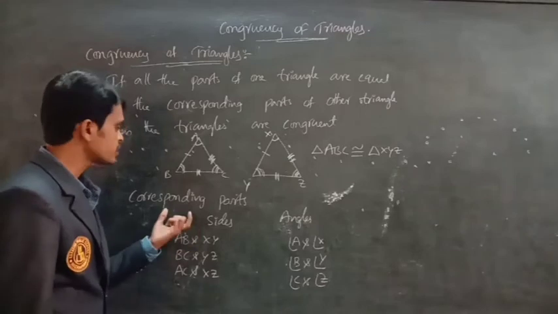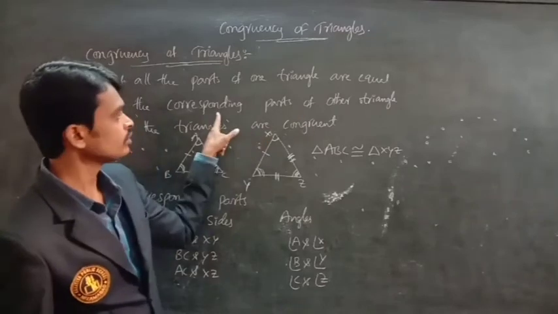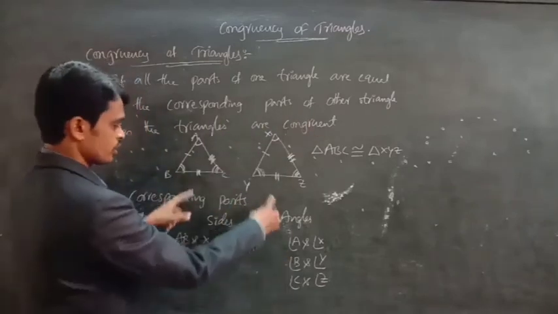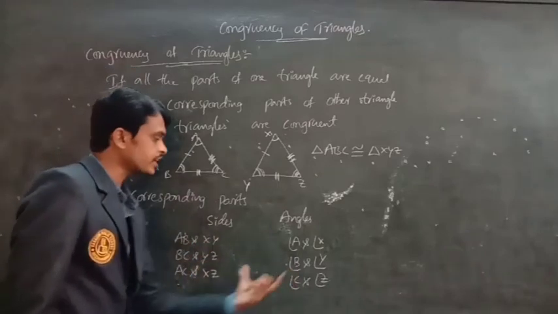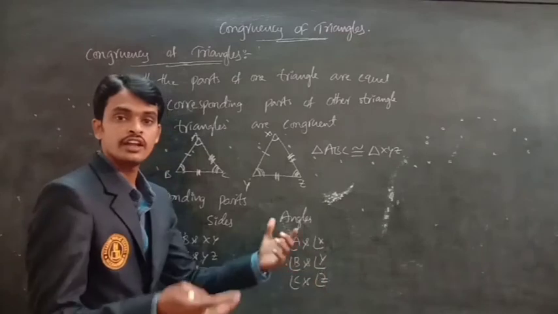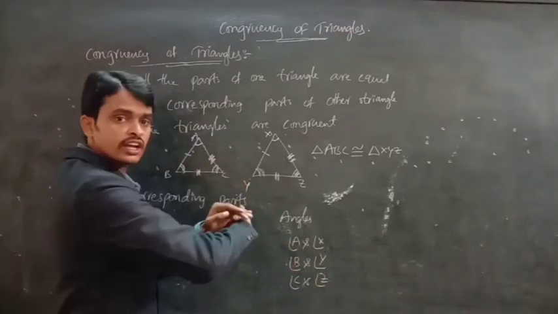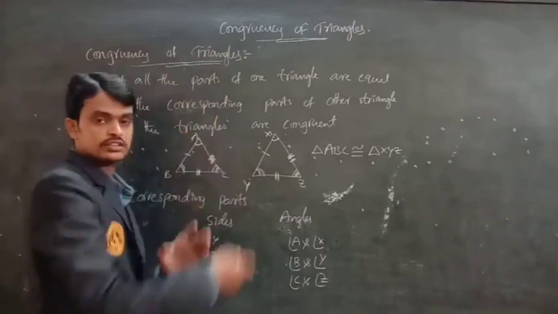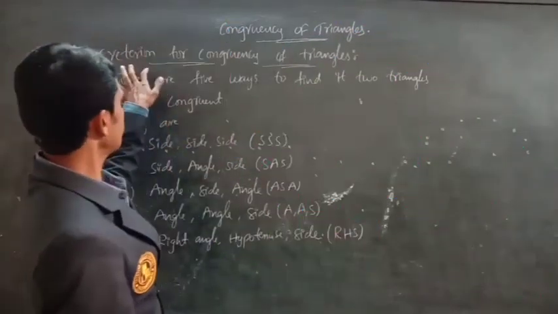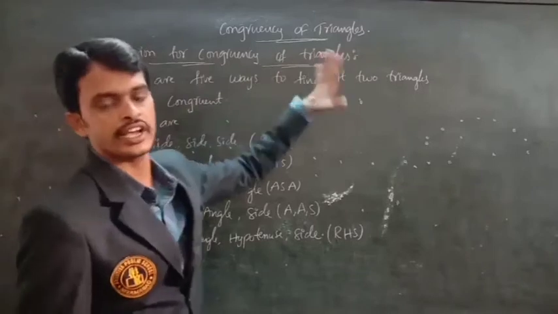So if the 6 corresponding parts, 3 sides and 3 angles, of two triangles are equal, then the two triangles are congruent.